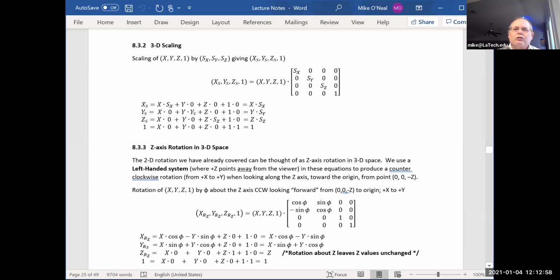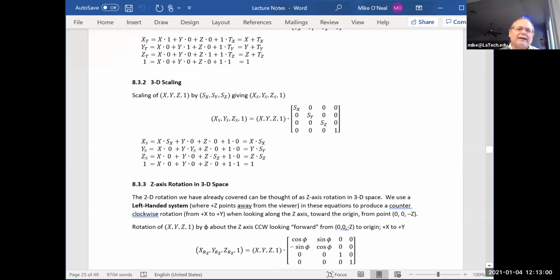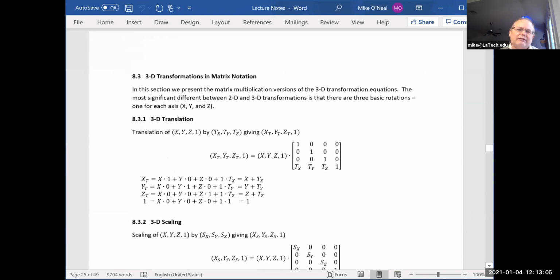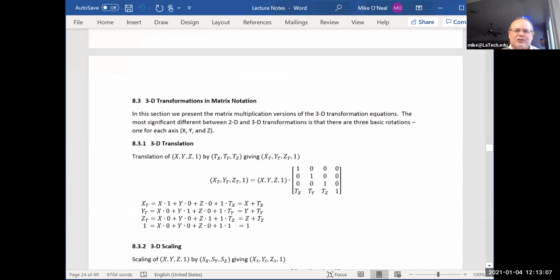Why in the world are we going to now go back and revisit all of these equations and have to think in terms of matrix math? Well, first of all, in your programming assignments, you're not going to have to use the matrix representation if you don't want to, okay?